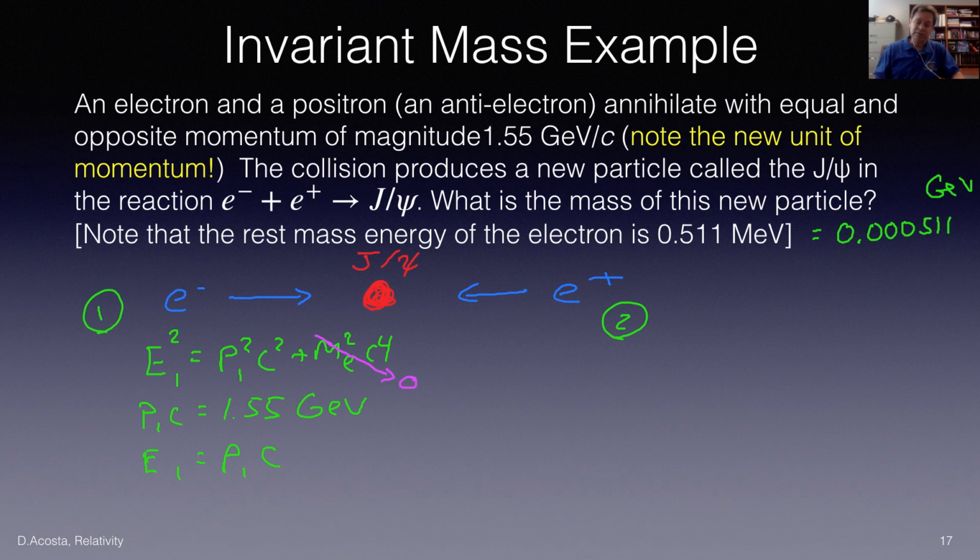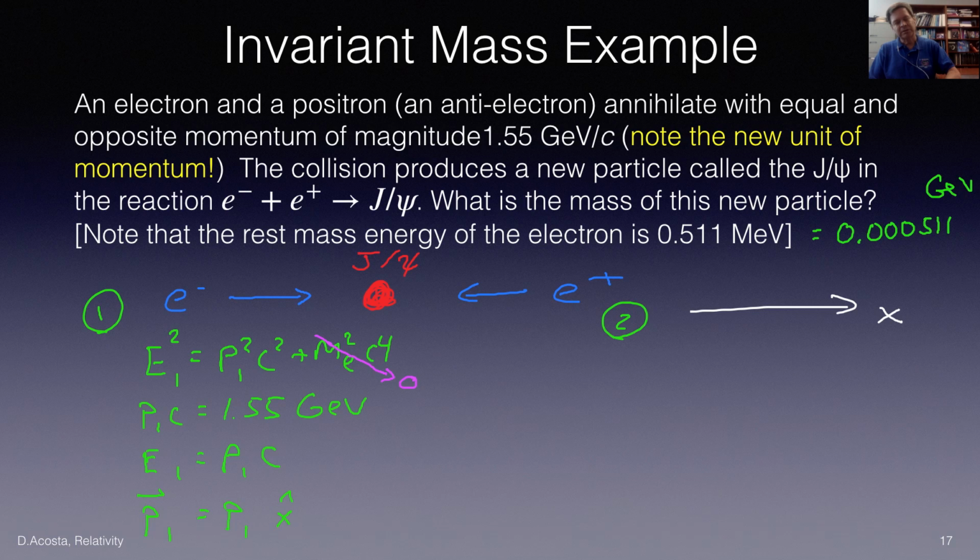Now, as a vector, let's define an axis here. We'll make this the x-axis horizontally. As a vector, P1 vector would be magnitude P1, the 1.55 GeV, in the x-hat direction.